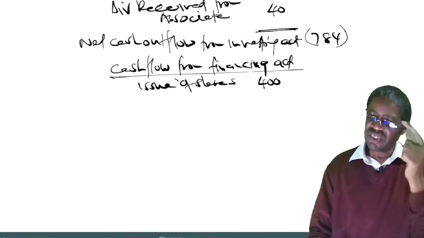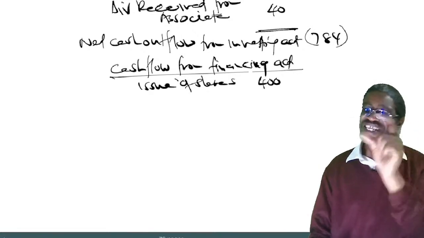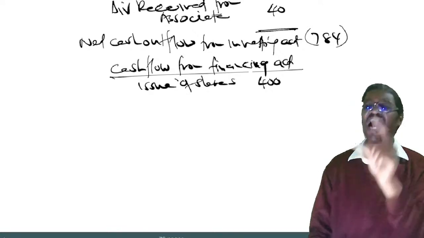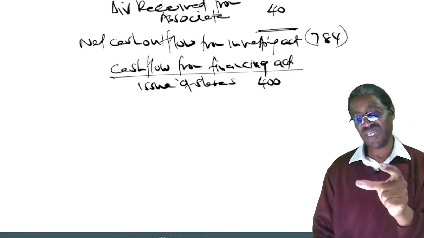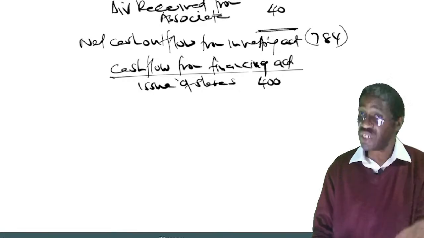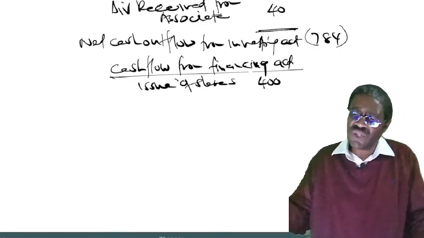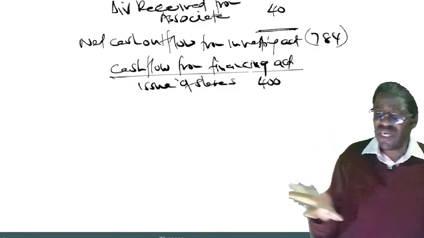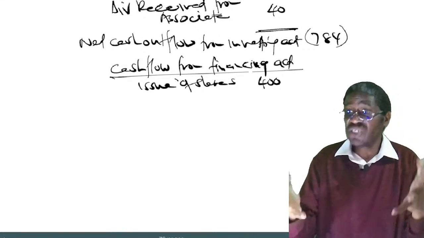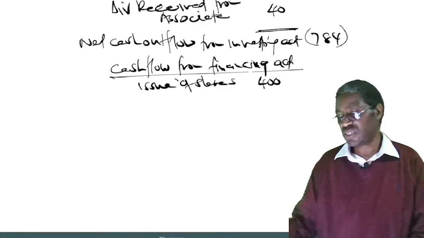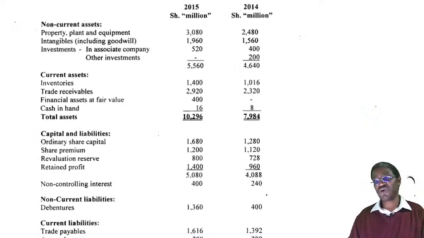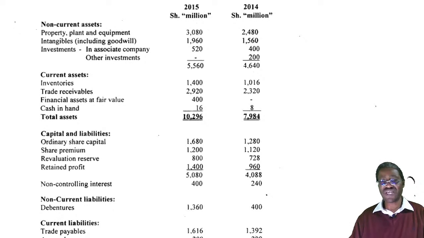After that, listen carefully again. Cash flow from financing activities affect the finances. So if I want to know which other finances were there, I just go to the balance sheet. Check among the finances in terms of equity and the long-term liabilities. Good. If I look at this balance sheet, among the equities there is share capital and premium, that's okay.